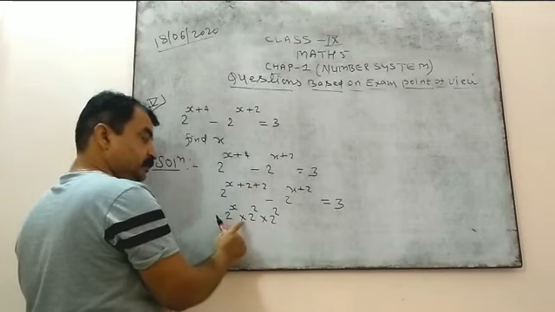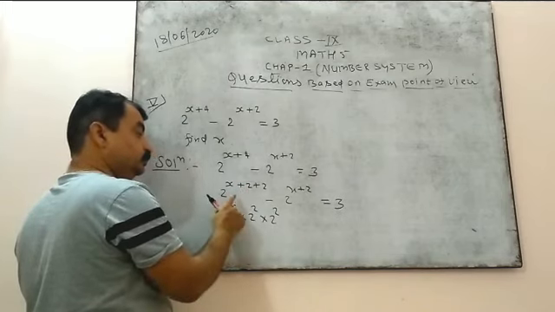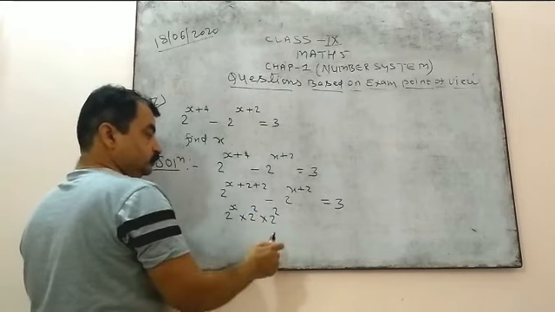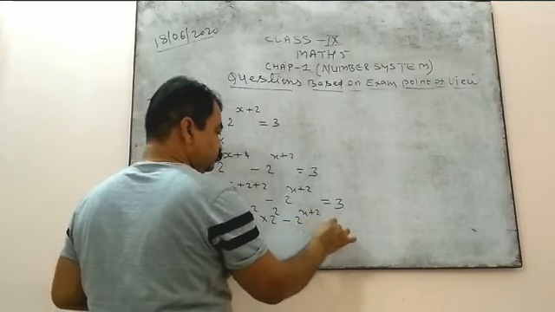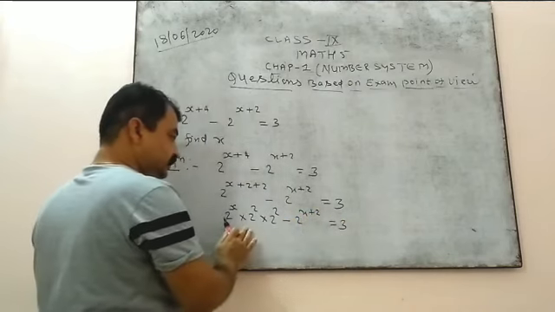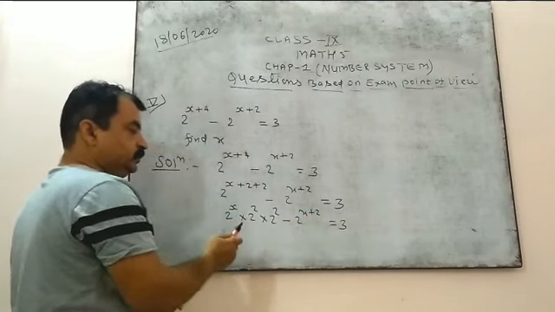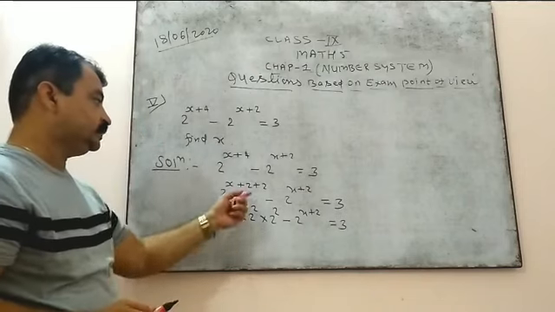Then what will be the solution for this? This will be 2 raised to the power x plus 2 plus 2, right? Minus 2 raised to the power x plus 2 equal to 3. I have made this more simplified, so it becomes convenient for you to understand.